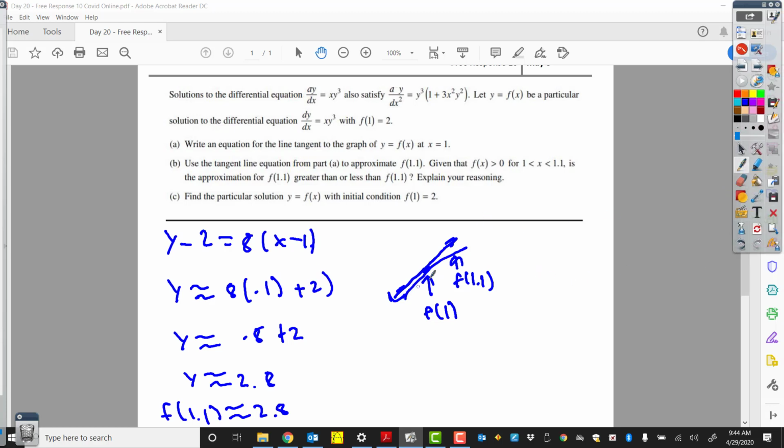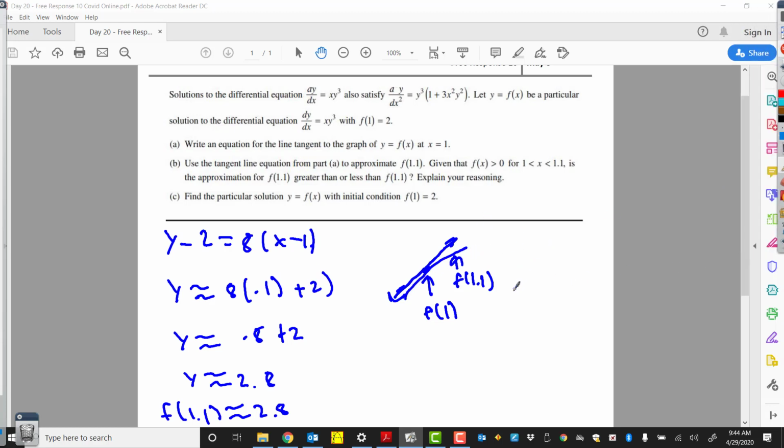Well, if we look at this one, it's increasing and concave down. Here's increasing and concave up. Here's decreasing and concave down. And here is decreasing but concave up.